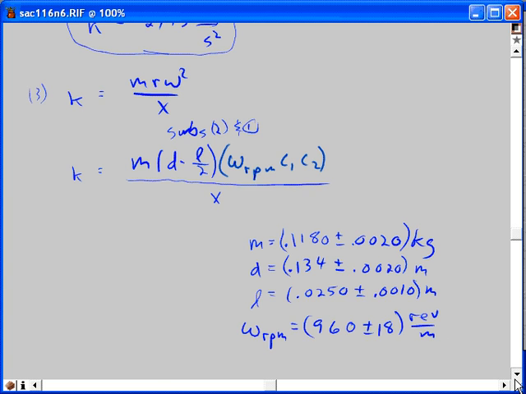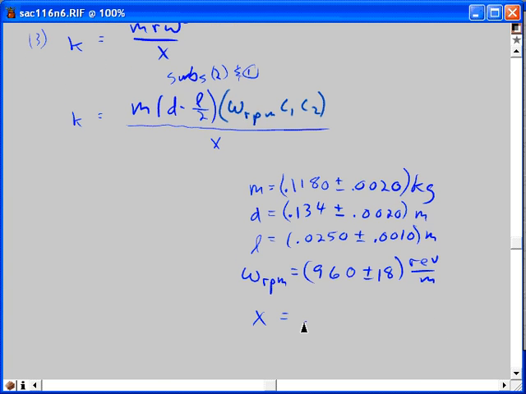And finally, x was given as 0.0600 plus or minus 0.0020 meters.